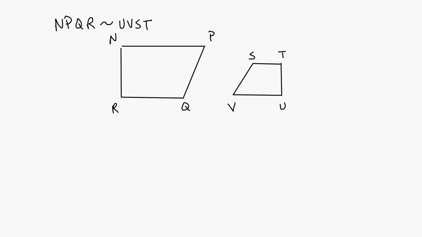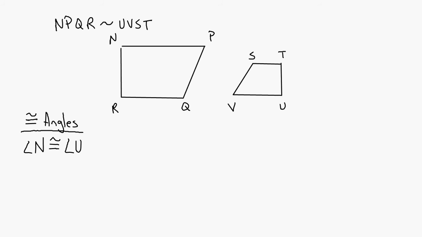All right, so step 1, list all pairs of congruent angles. Your congruent angles, you can get that from the similarity statement. Okay? Angle N is congruent to which angle? Angle U, good. We did that earlier this year.